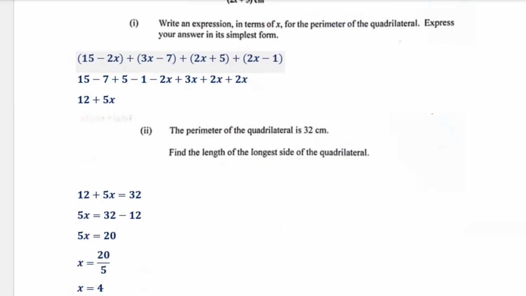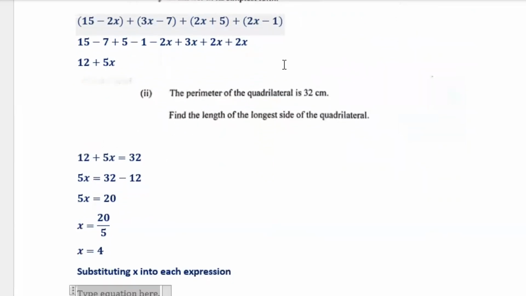x into each expression. So for the first expression, it was 15 minus 2x. So what that would be is 15 minus 2 multiplied by 4. That would give us 15 minus 8, and that side is equal to 7 centimeters.